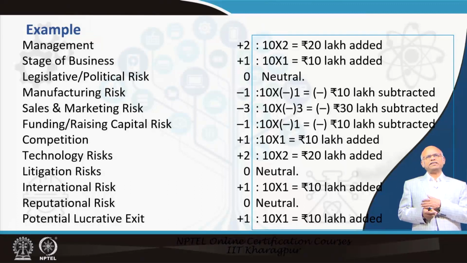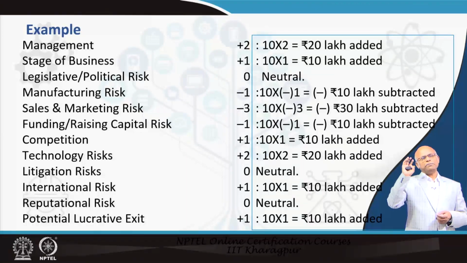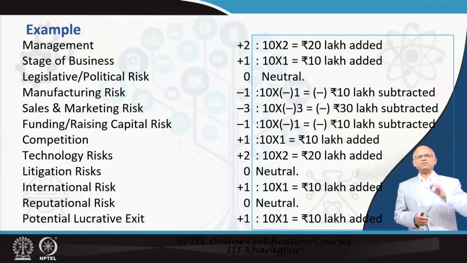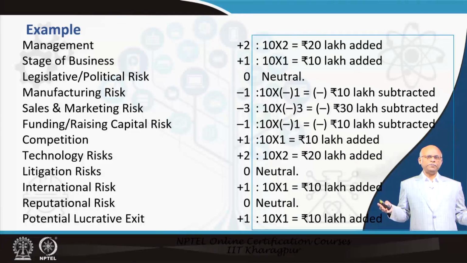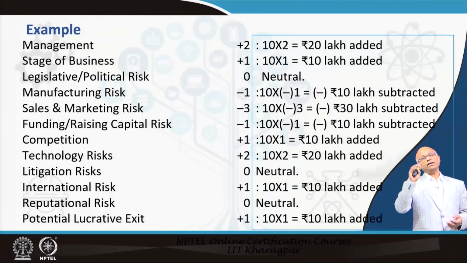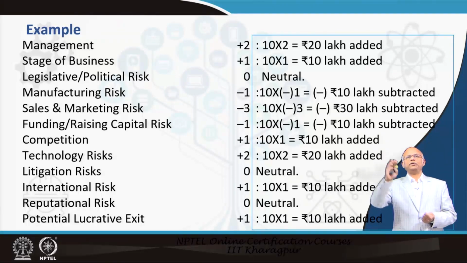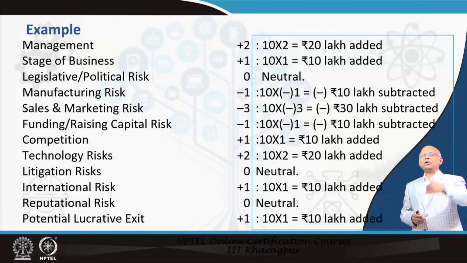Now, manufacturing risk, you think that there is quite a lot of risk. So, you assign -1. So, the pre-money value will be reduced by 10 lakh. Similarly, sales and marketing risk say -3. So, -3 into 10, 30 lakh rupees will be deducted from your pre-money value. Likewise, all the parameters will be assigned values.